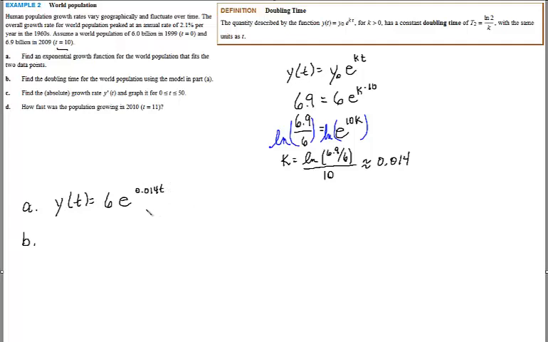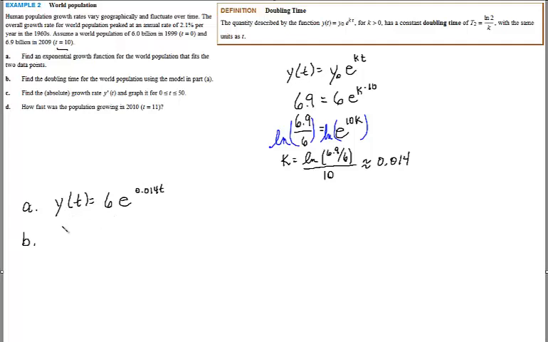Part B says they want me to find the doubling time for this. Now I can use their doubling formula, if you will, or I could just figure out how long it would take for the population to double.